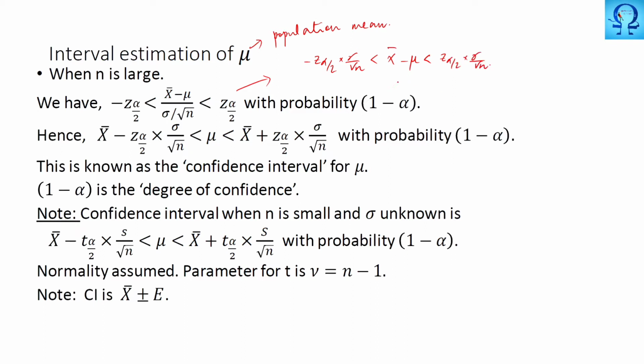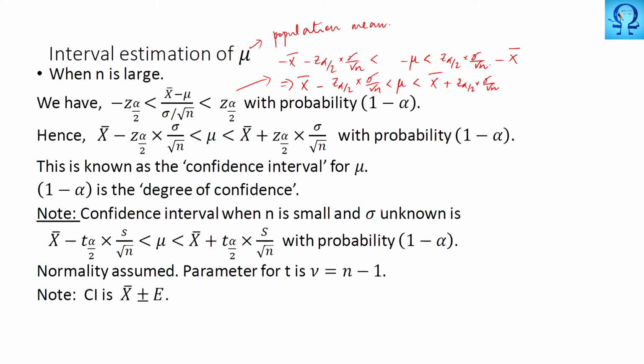Now that we wish to retain mu, let me multiply this throughout by minus so that it becomes x bar minus z alpha upon 2 multiplied with sigma upon under root n smaller than mu smaller than x bar plus z alpha upon 2 product with sigma upon under root n.